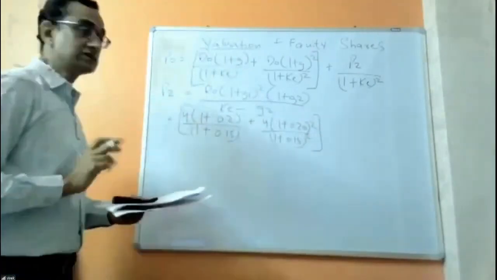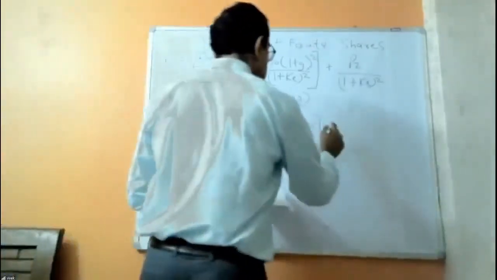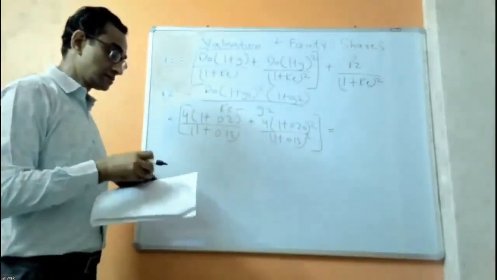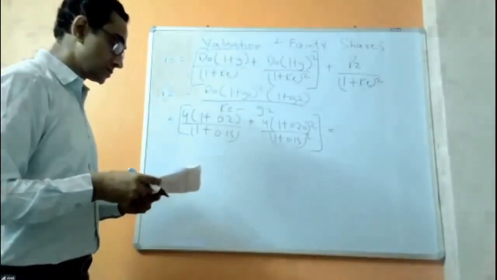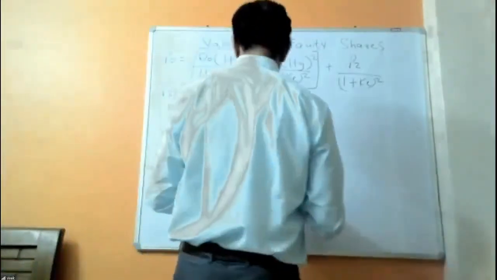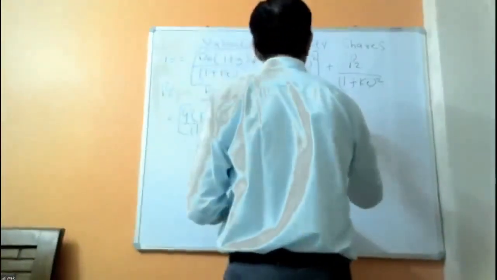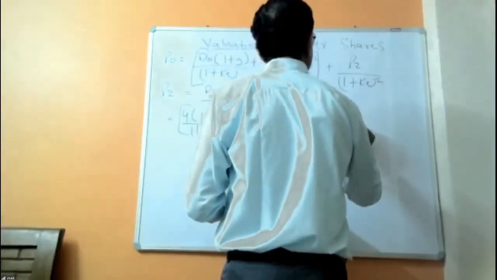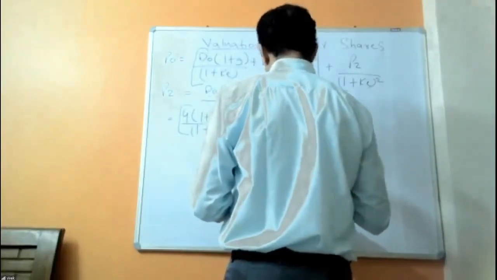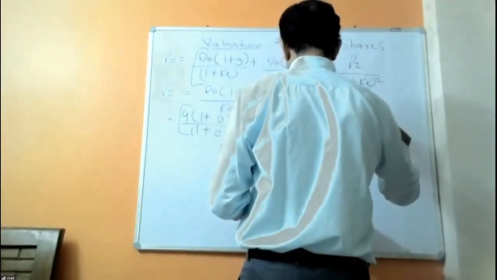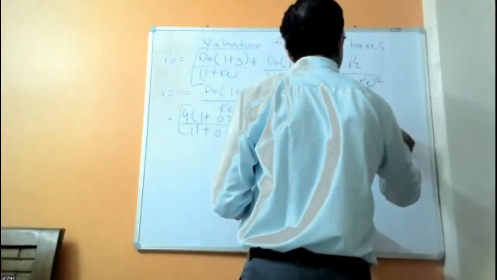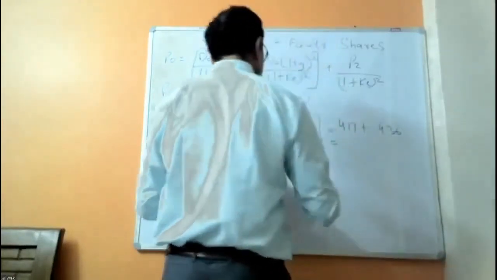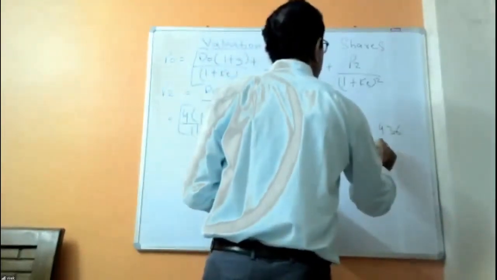So let us calculate this bracketed portion first. It is basically coming to 4.17 plus 4.36, which is equal to 8.53.